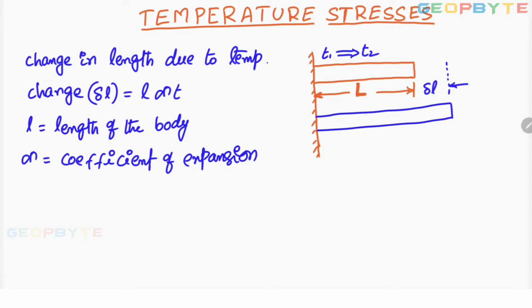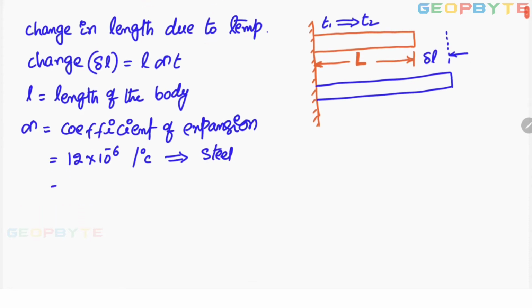So before going to write that, alpha value is approximately 12 into 10 raised to minus 6 per degree centigrade. This is for steel. For cast iron, its value is 10 into 10 raised to minus 6 per degree centigrade.